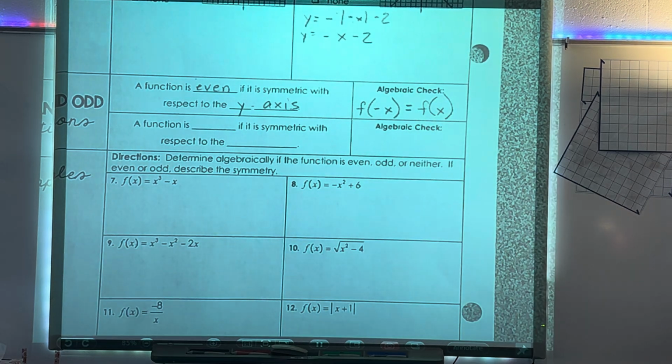So this is typically even-powered functions. Absolute value also, assuming there aren't transformations, because absolute value operates exactly the way a quadratic does.